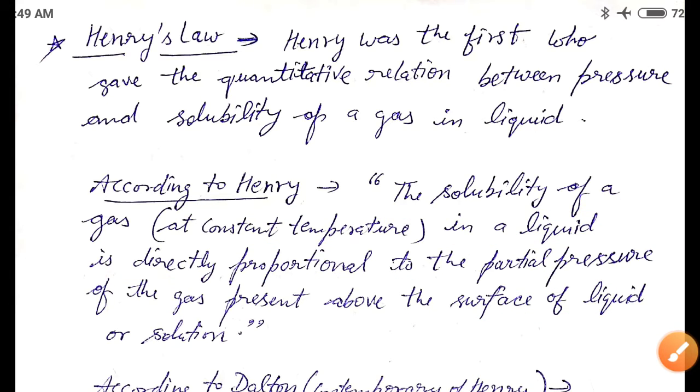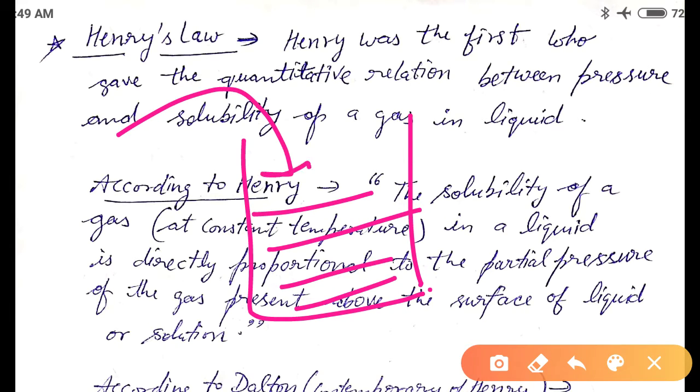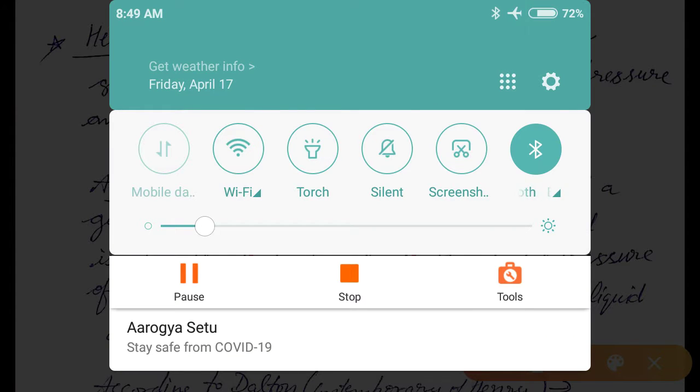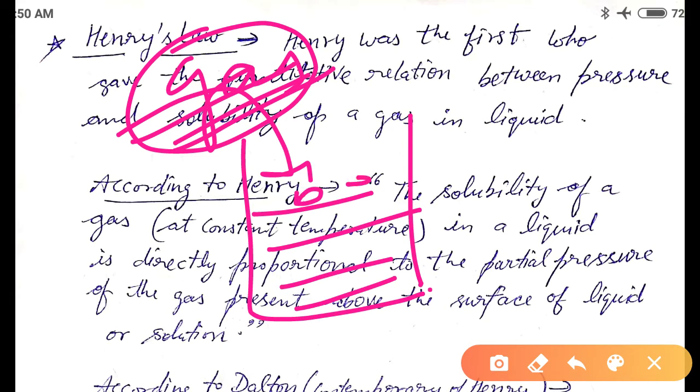It is very clear that if we take a beaker, and this is the solution, and the gas is the solute, then the partial pressure of this gas above the surface of this liquid is directly proportional to the solubility.